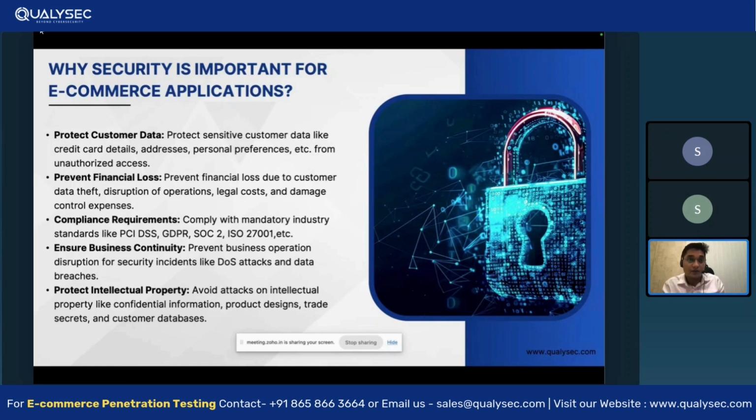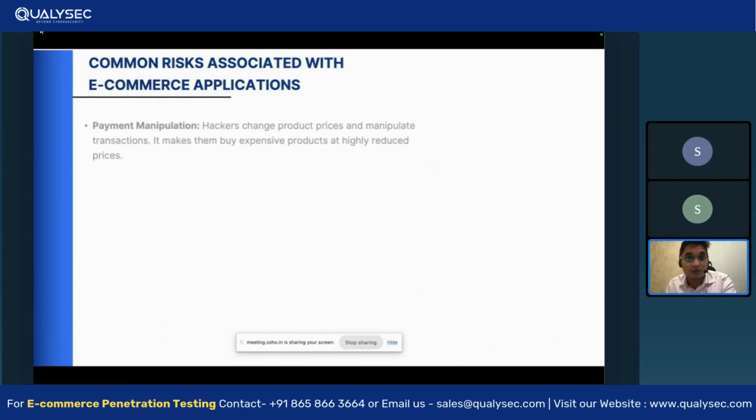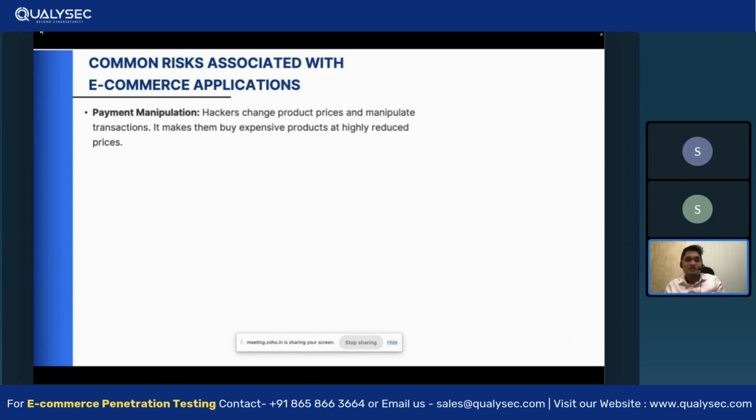Moving on to the common risks associated with e-commerce applications. Starting with a very common and very impactful vulnerability, which comes under critical vulnerabilities: payment manipulation. What does payment manipulation mean?